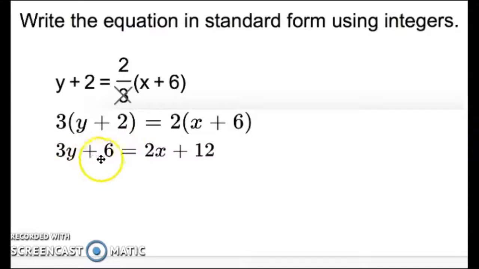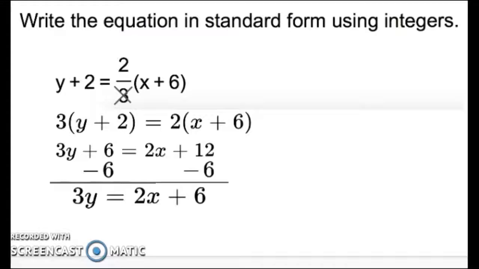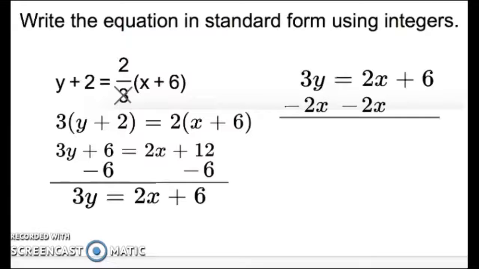So I get 3y plus 6 equals 2x plus 12. Then I subtract 6 from both sides, and I get 3y equals 2x plus 6. Then, to put it in standard form, I subtract 2x from both sides to bring the 2x over to the left, and I'll get negative 2x plus 3y equals 6.